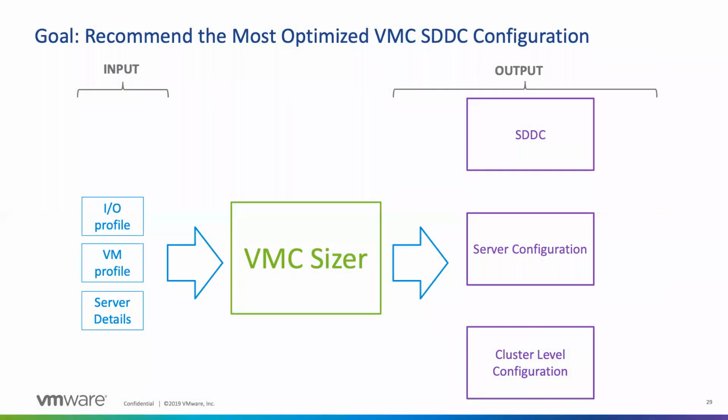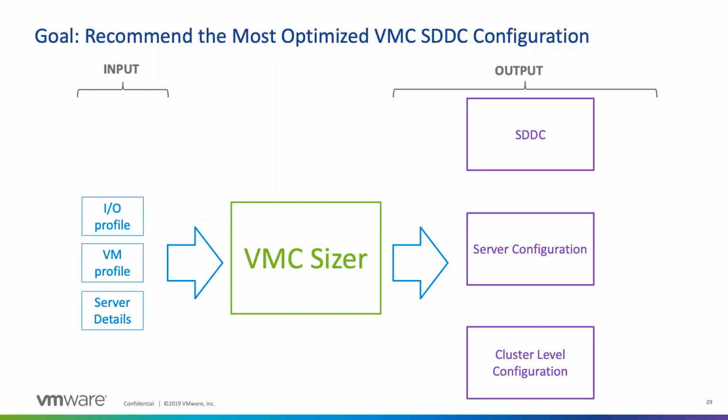So, the first thing is around sizing. And as I mentioned, the key piece of information, and this is publicly available today, is vmcsizer.vmware.com. If you go to VMC Sizer, it's going to ask you for just a few details around input: the IO profile of your workloads, the VM profile, your average vCPU, your average memory for these workloads, as well as some of the server details.